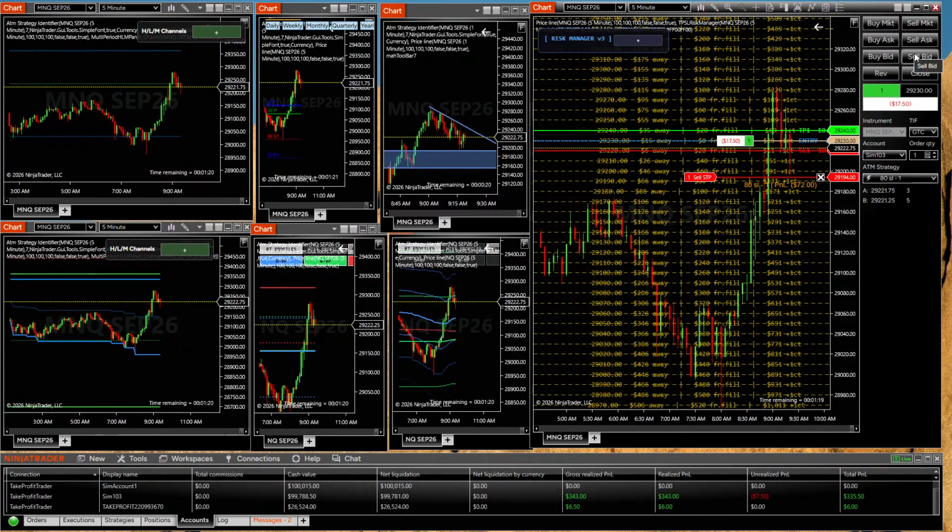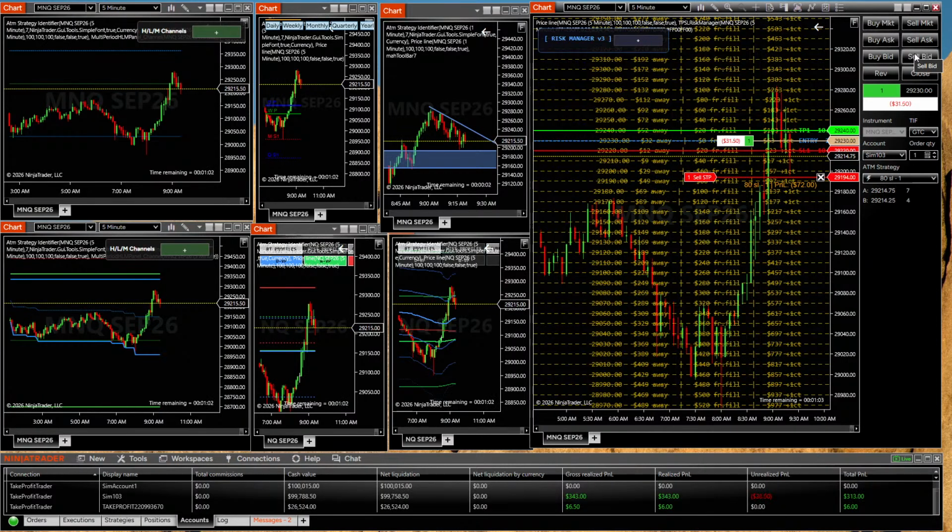If we can get over here and break the high of this previous 5 minute candle, get up to about 250s, 29 250s, we can go ahead and start adding. They're fighting. They're trying to stay over that 200, man.